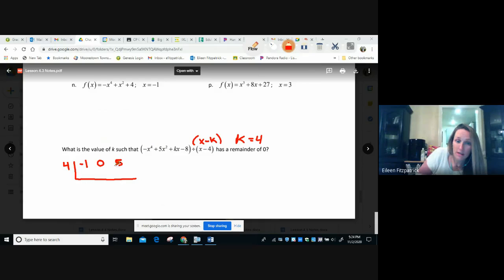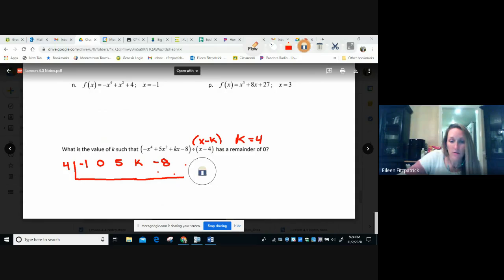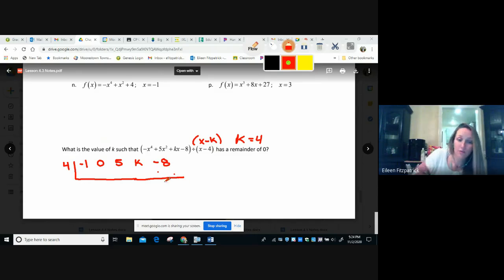Then I have a 5, then I have a k, and then I have a negative 8. Now, they want us to figure out what value would have to be plugged in for k so that this problem would have a remainder of 0. So I already know that this part right here has to be a 0.